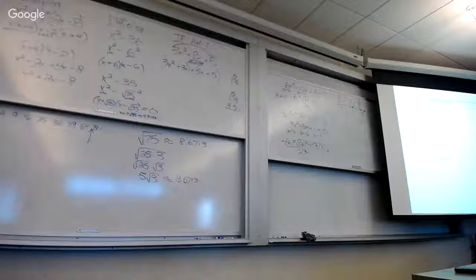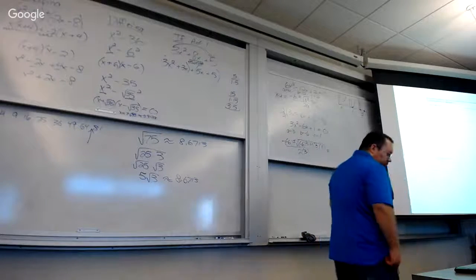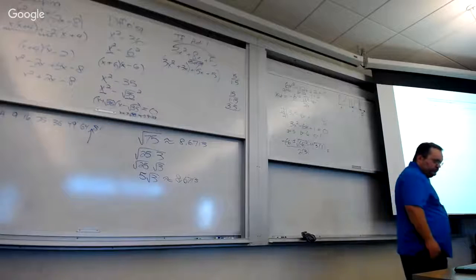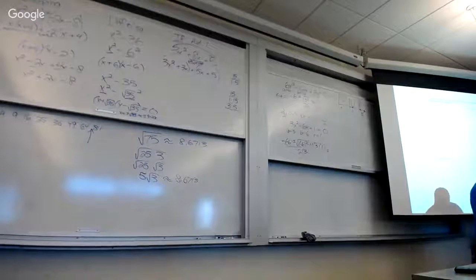So what's that? Oh, that's right. Because look at, no, it's not. Because it comes down to x squared minus 6x plus 1.